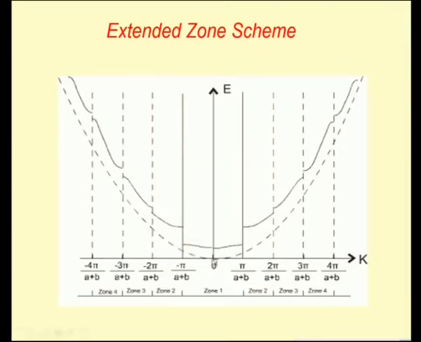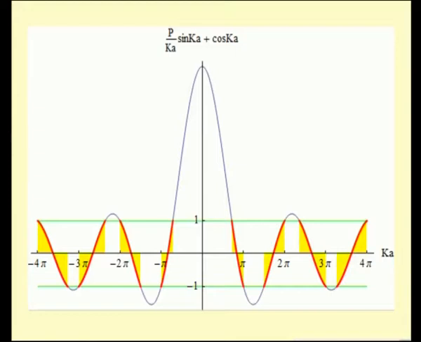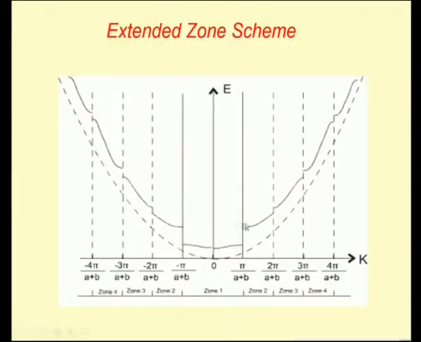It is for this reason that the electrons in a metal are always at non-zero velocity, even at absolute 0 Kelvin. And this way of representing E versus K is called the energy band structure, or E-K dispersion relation for electrons.